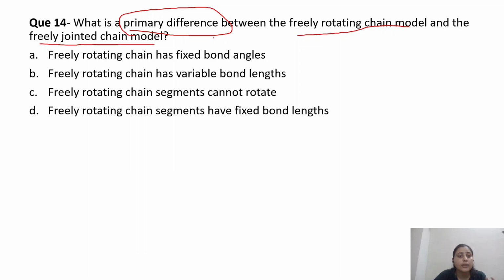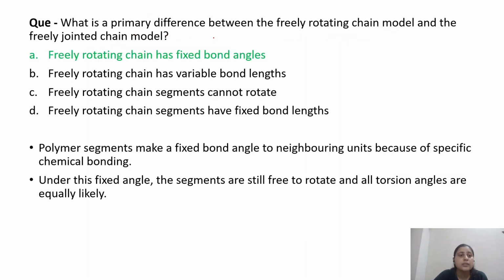So in the freely rotating chain, the bond angles are fixed because it is nearer to real chain models, while the freely jointed chain model is the ideal chain, and in most real chains the bond angles are basically fixed. So option A is correct.